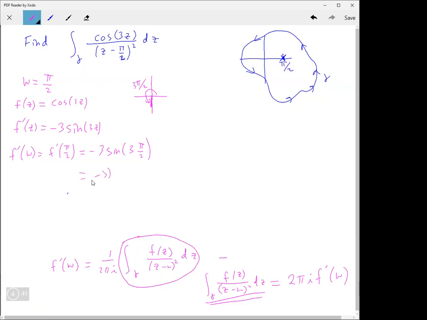So this is negative 3 times negative 1, so that part's 3, which means that this integral is going to be 2 pi i times 3, or 6 pi i.